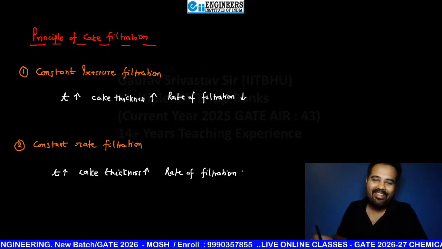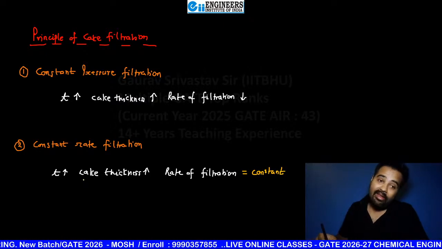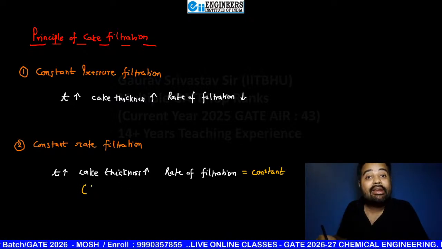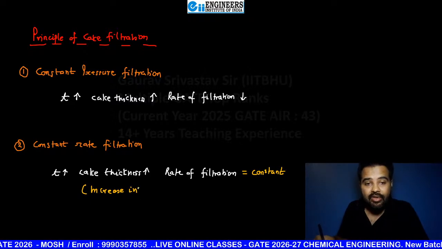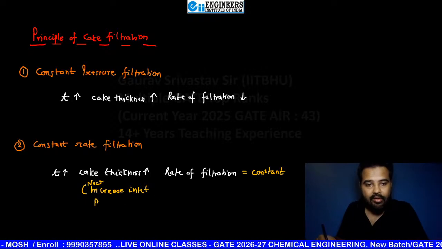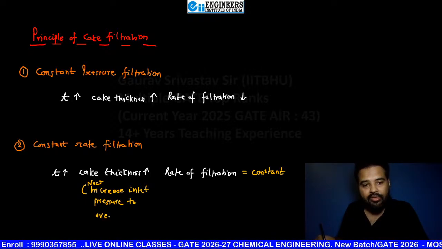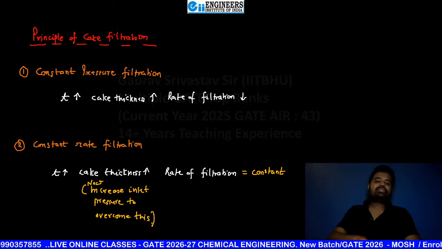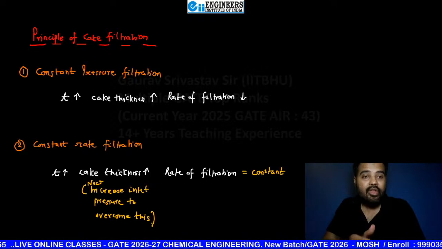Constant. How constant? The cake thickness increases, but at the same time, in the same proportion, we increase the inlet pressure to overcome this. That means delta P is no more constant here in the case of constant rate filtration.